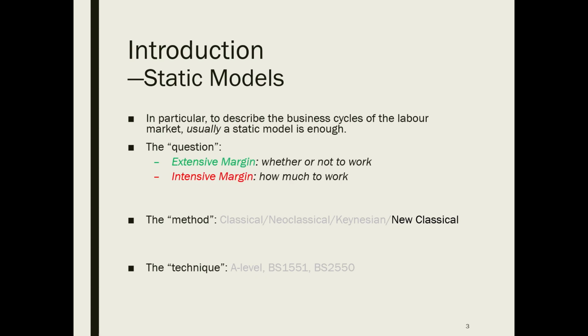The first one is the extensive margin, which is the decision on whether or not to work. It is called extensive margin because it determines how extensively people work. The second one is the intensive margin, which is the decision on how much to work if they work. It is called intensive margin because it determines how intensively people work.